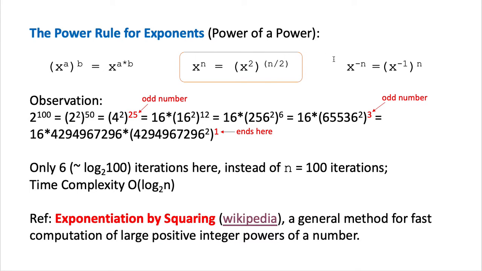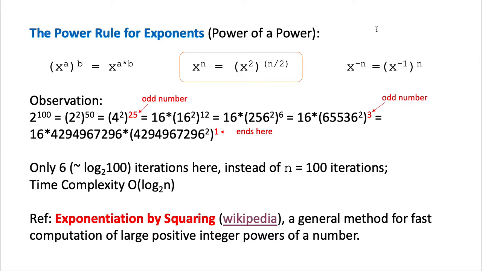And also, if your exponent is a negative integer, you can turn it to a positive integer exponent by using this rule here. X to the power of negative n equals x to the power of negative 1 to the power of n. So these three important properties will help us solve this problem.